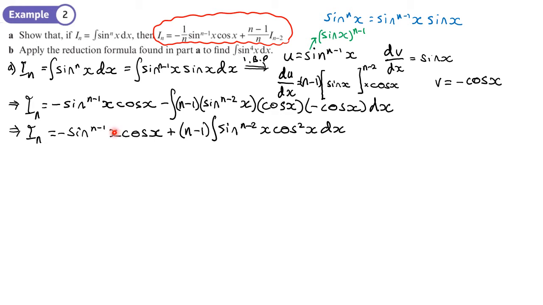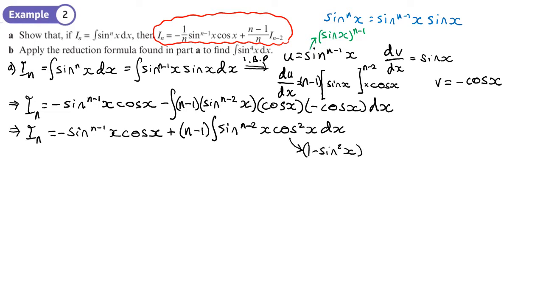Now you'll notice that this part matches up, but here we need to have I sub n minus 2. We need to get rid of that cos squared, so we can use the identity and change that cos squared to 1 minus sine squared.